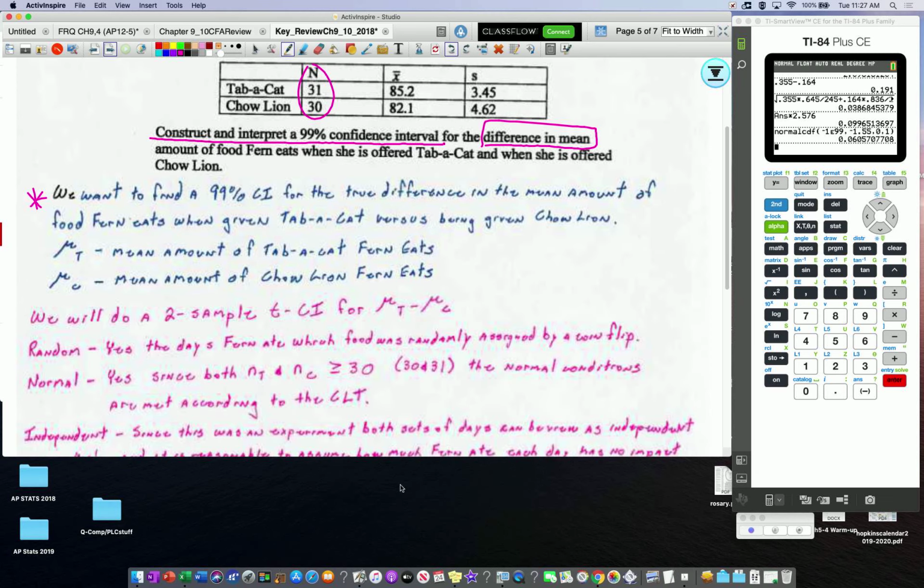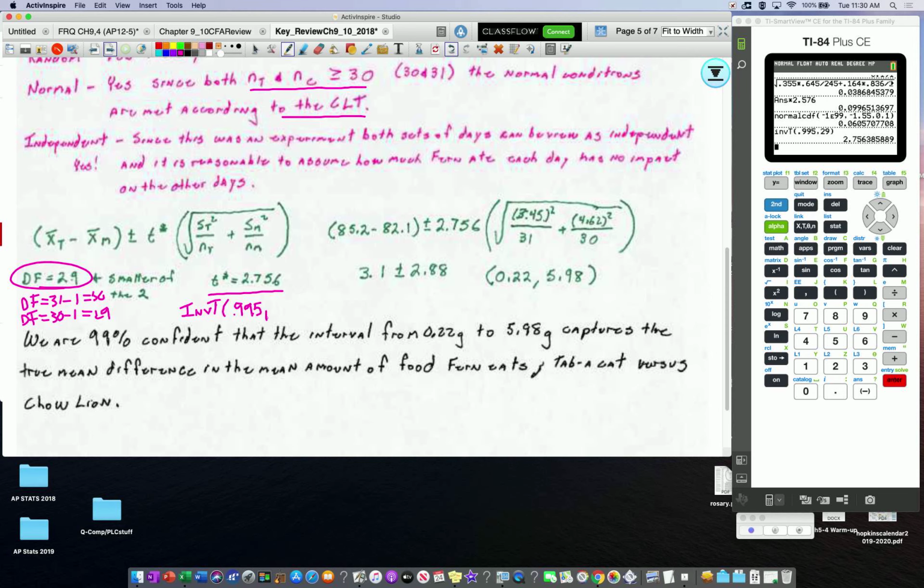If I paste that in there, that's another way I'm getting this: by going inverse t, 0.995, and degrees of freedom of 29. So looking at the difference between, he's eating about 3.1 more grams of Tabbycat on average than he is of Chow Lion, I think it was.